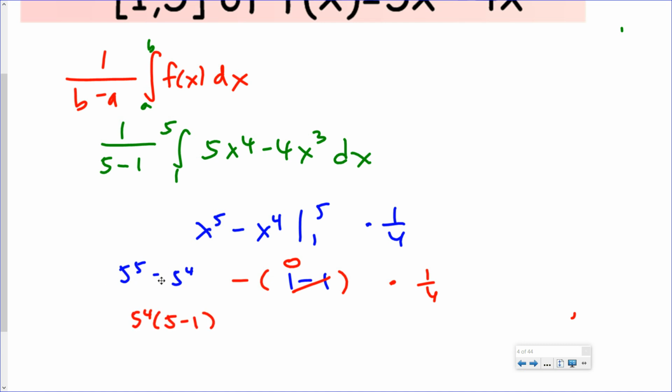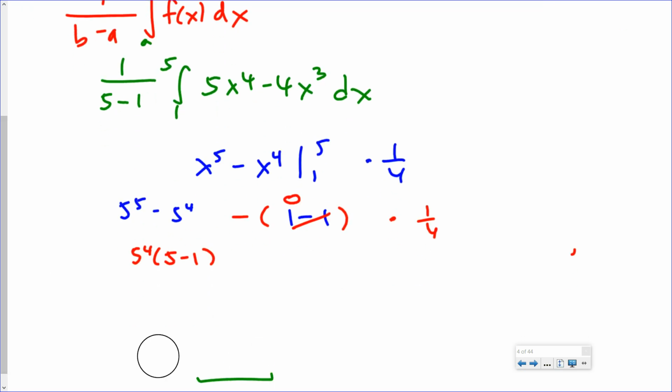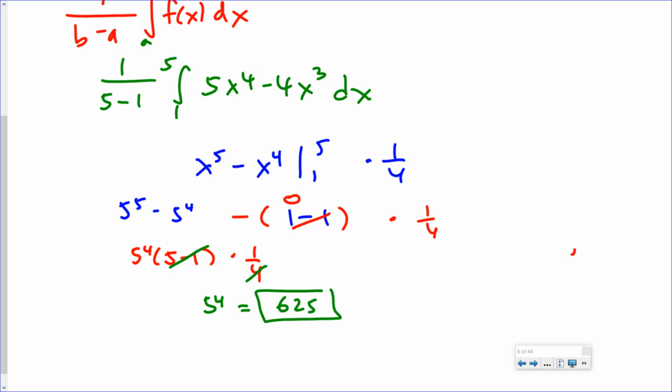If I factor out, don't they both have a 5 to the 4th? Then I can just say, well, that's just 5 to the 4th times 5 minus 1. And then when I'm done, I need to multiply this by 1/4. But 5 minus 1 really is 4, right? So these will cancel out. And so my answer is 5 to the 4th, whatever that is. 25 times 25. 625. Okay, you guys good with that?